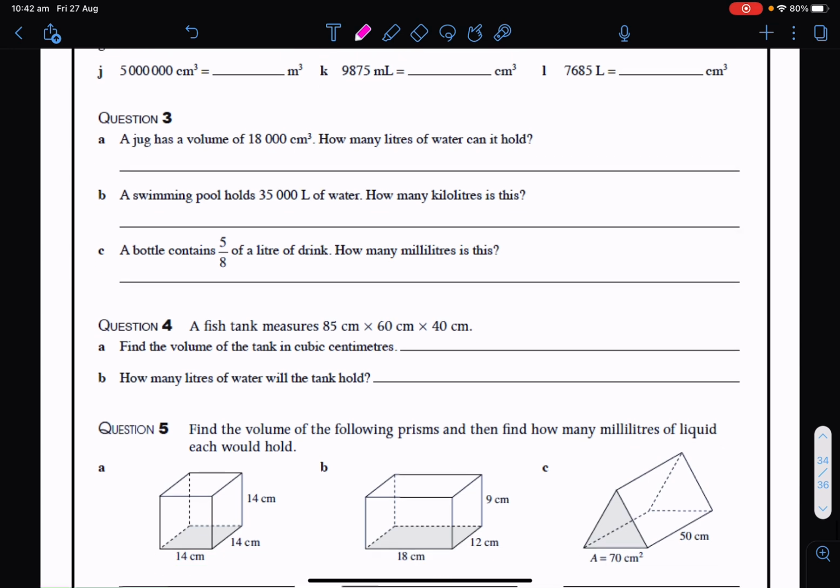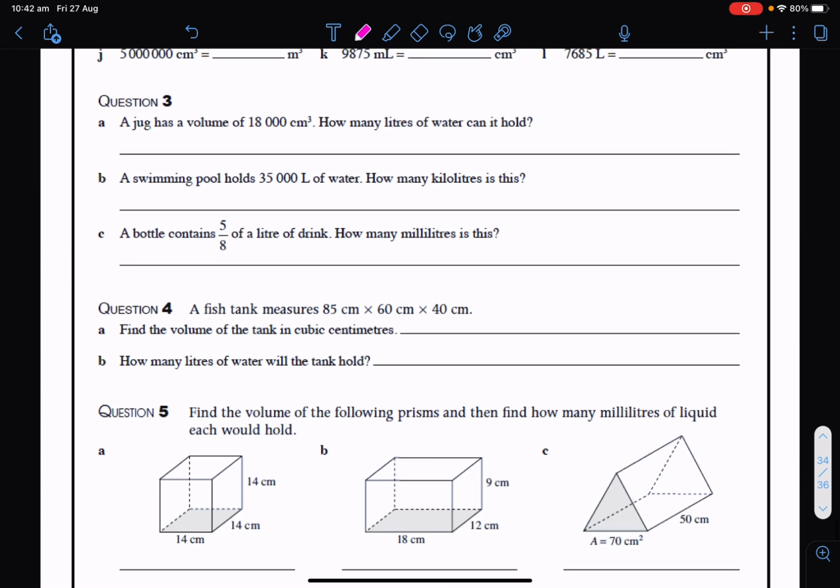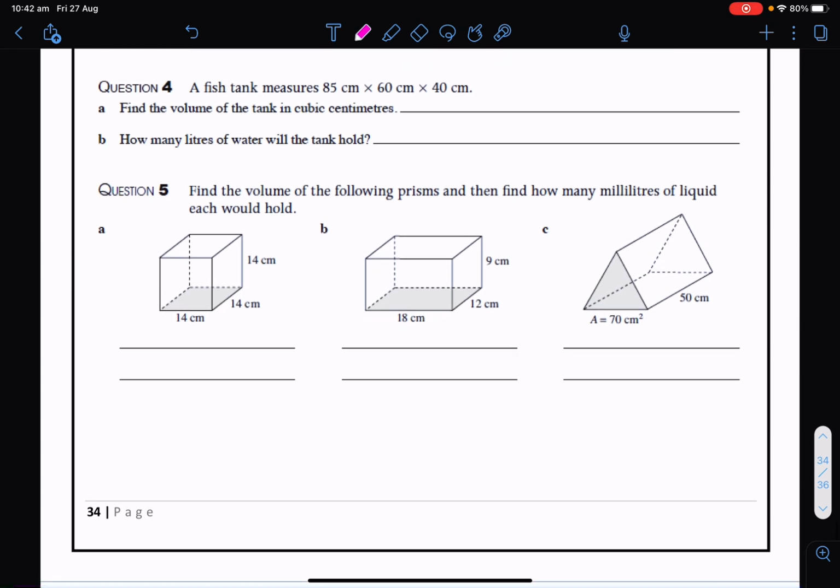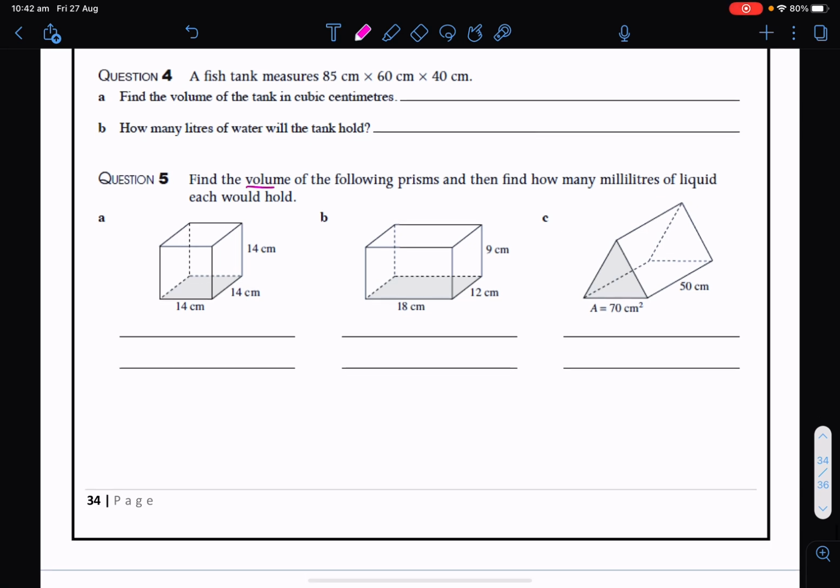Then you have a few worded questions. A bit of volume in there where you're going to convert at the end. So here you need to find the volume first. So for the first one, it would be volume equals 14 cubed. I'll do that one for you. 14 cubed equals 2,744 centimetres cubed.